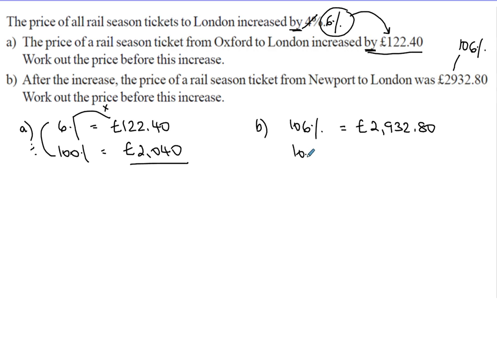So 100% equals that divided by that times that, and you get 2766.79. Remember, always put it to 2 decimal places because it's money, so don't get carried away with your numbers.